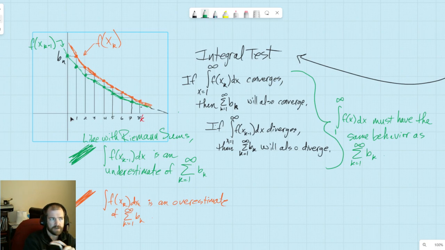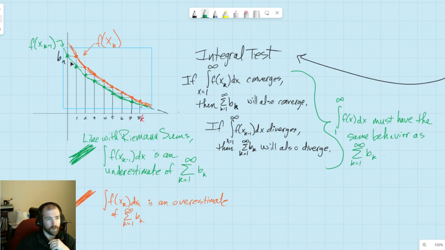Sorry, they differ by a finite amount. Because they differ by a finite amount, either the integral has to diverge, in which case we get this one here. If the lower one diverges, then the sum also diverges, the stepping stone one.